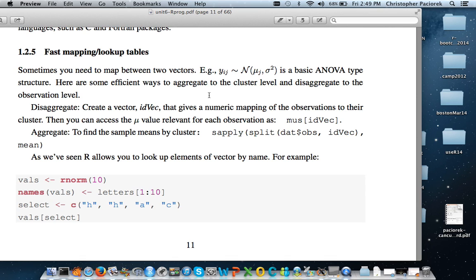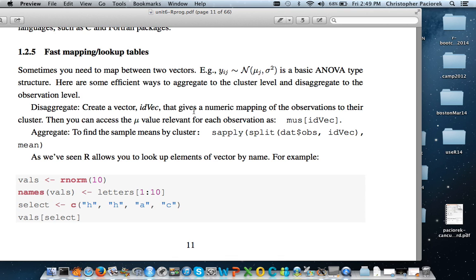But if we're working with problems like this, there are going to be lots of cases where I have my vector of y's and I need to get the associated mu that goes with each of the y's. Or I might need to take the mean of all the y's within each of the groups.